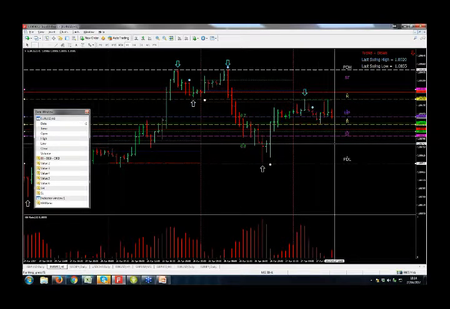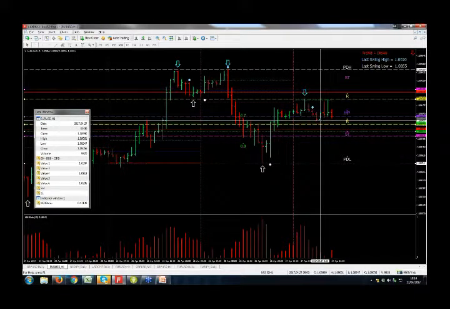So what we're going to do is place an order for the low here. 1.0894 is the low of that particular bar.